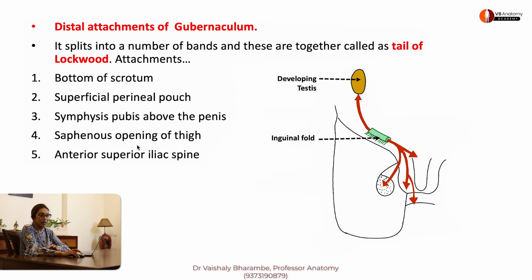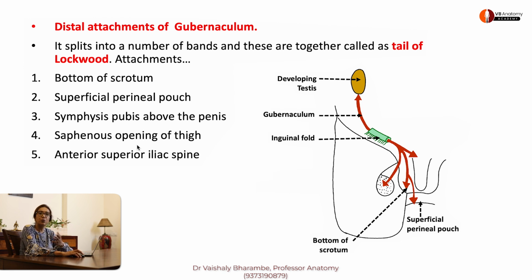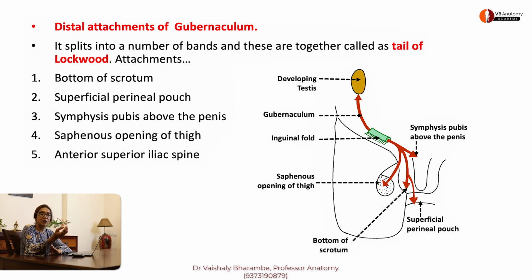Where does it get attached? Of course, to the bottom of the scrotum. It can get attached to the superficial perineal pouch, to the base of the penis, to the saphenous opening, to the anterior superior iliac spine. Basically, gubernaculum comes down and splits like that.